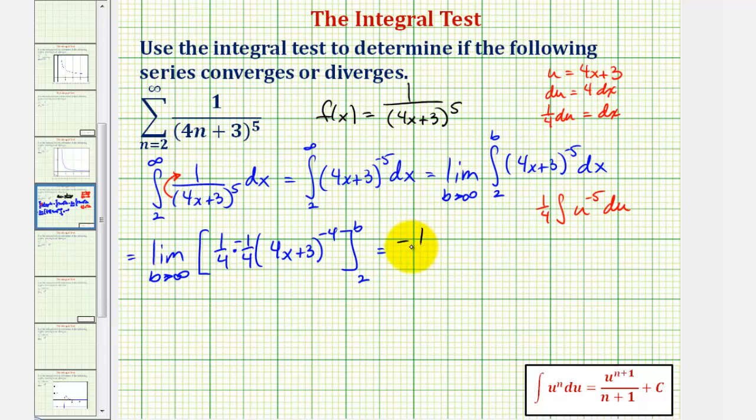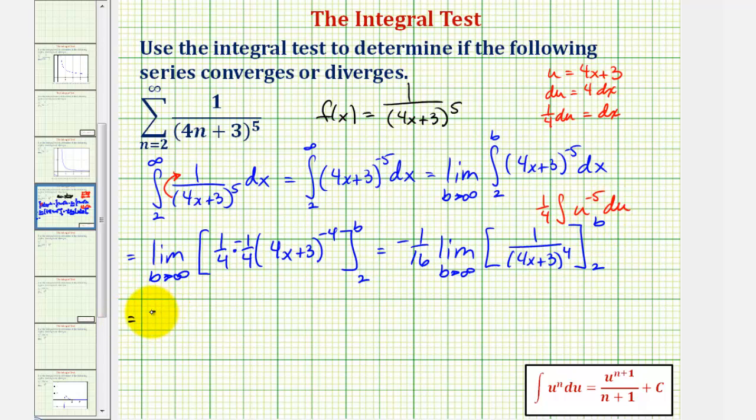We have negative 1/16 times the limit as b approaches infinity of, let's rewrite this back in fraction form. We'll write this as 1 divided by the quantity 4x plus 3 raised to the fourth. In this form, it should be easier to determine the limit.